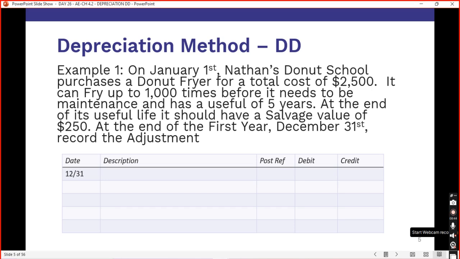And it can fry up to 1,000 times before it needs maintenance, okay? And has a useful life of 5 years, okay? At the end of the useful life, it should have a salvage value of $250, and at the end of the first year, December 31st, right, record the adjustment.